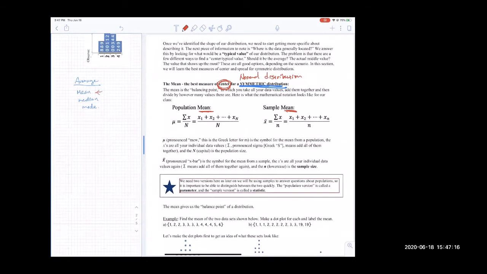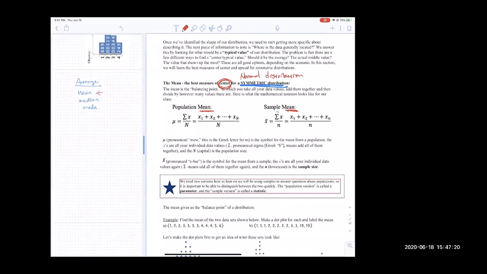There are 2 types of mean: a population mean and a sample mean. It depends on what type of data you have. If you're dealing with population data, then we get a population mean, referred to by the Greek letter mu. If it's a sample mean, then it's considered to be X bar, X with the bar on it.